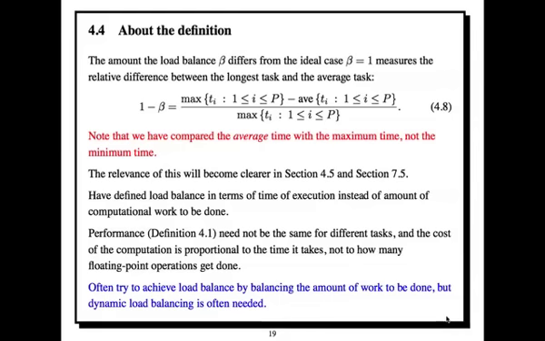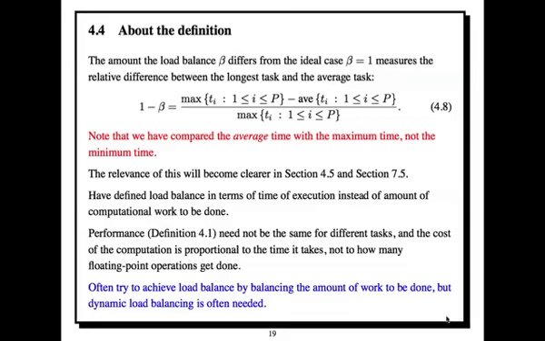That's easy to understand: the worst case is being compared with the average case. We'll come back to why this average is the right thing in a couple of examples.